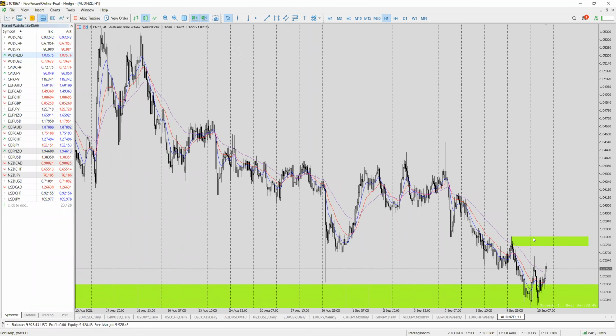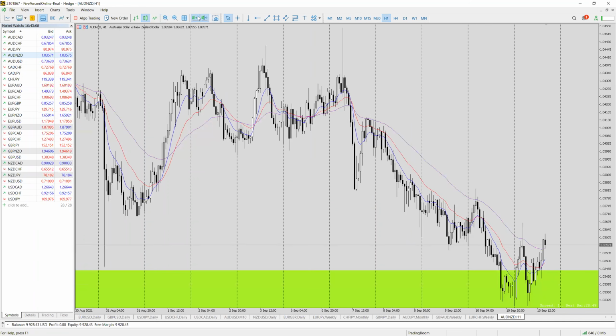But another potential setup, if you're looking for long trades, is to look for support or demand from the moving averages, especially once the moving averages reverse. Oh, by the way, I forgot to check the Aussie dollar.